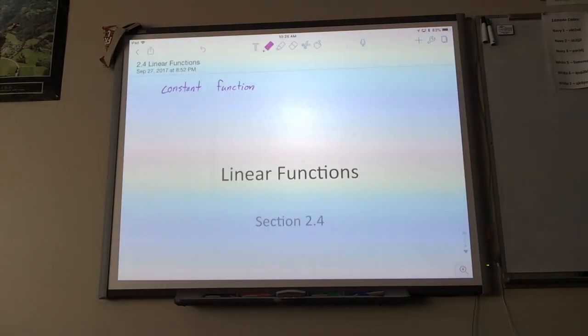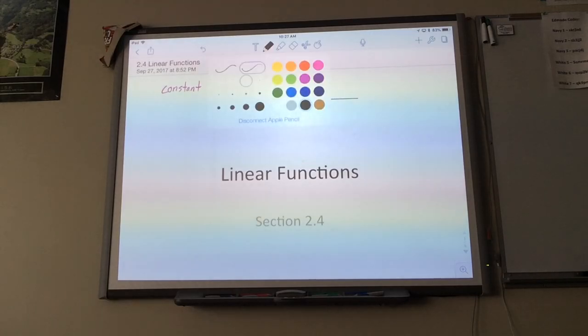Linear functions, 2.4. One thing that Luke just pointed out to me, there is something on the homework that I want to define. A constant function. What makes something a constant function is when it's just a horizontal line. So if this is our graph, a constant function would look like this.